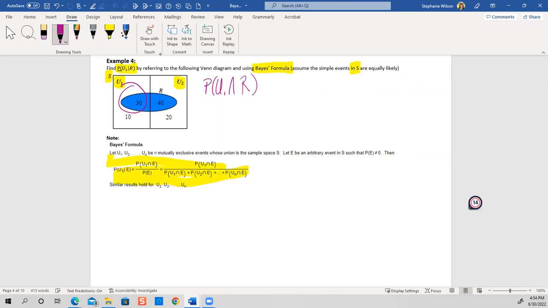The R is in the blue. So this is 30. The total number of samples in this sample space, well, we got 10 plus 30 plus 40 plus 20. So what do we have? We have 100. So now to figure out what our probability is, let me erase this right here because that's the number of samples.